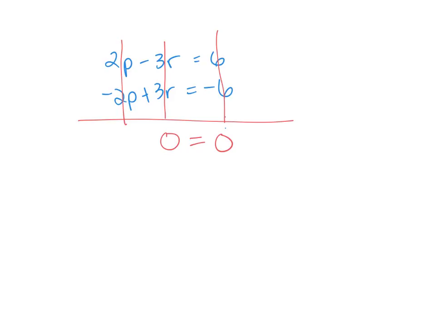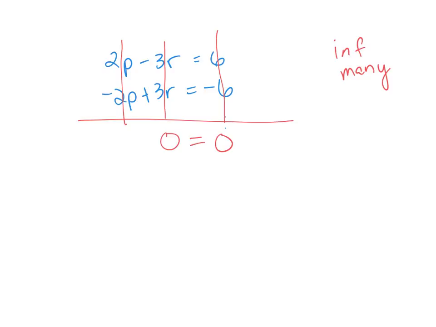No. So, if all your letters eliminate, and it gives you a true statement, it is infinitely many. Is 0 equal to 0? Yes. So that gave you a true statement. So it's infinitely many. These two lines are the same line. If you were to graph them, they would be on top of each other, okay?